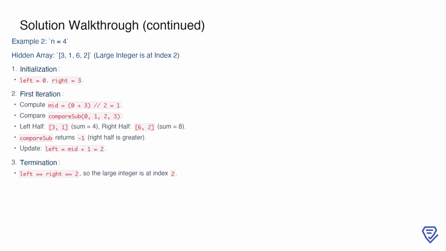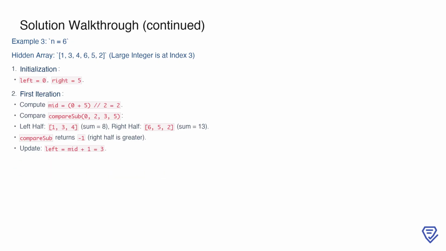Using the compareSub API, we compare the sum of the left half, 3, 1, with the sum of the right half, 6, 2. The left half sums to 4, while the right half sums to 8. Since the compareSub result is -1, indicating the right half is greater, we update left to mid plus 1, setting it to 2. With left and right both pointing to 2, we terminate. The largest integer is at index 2.